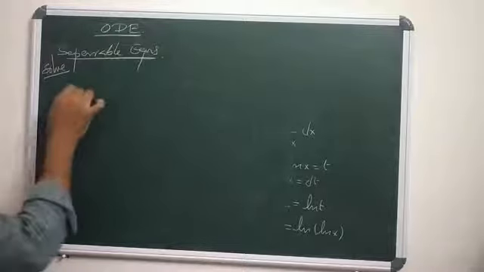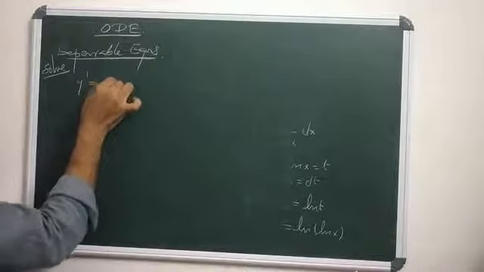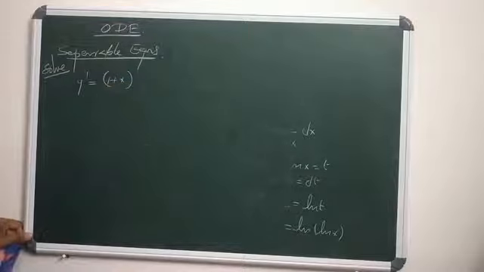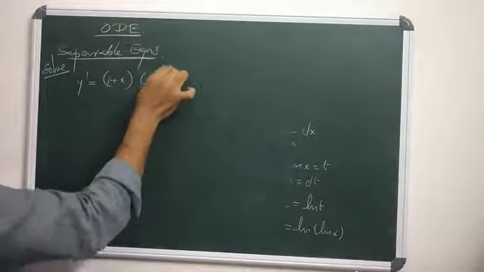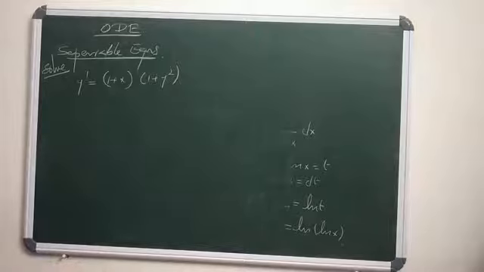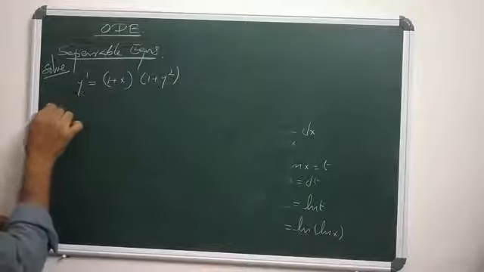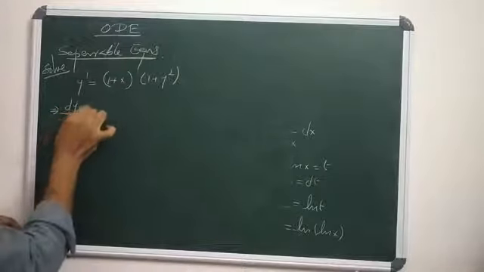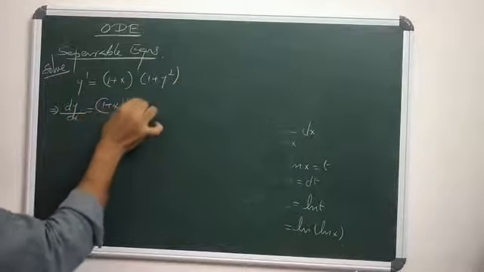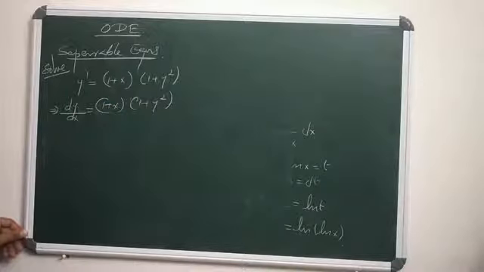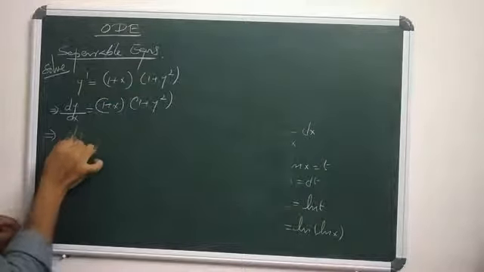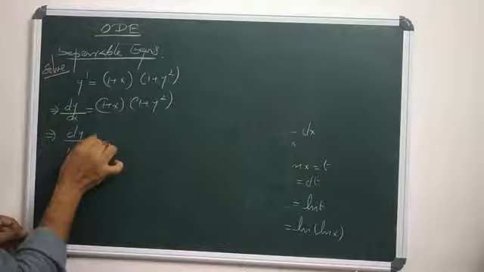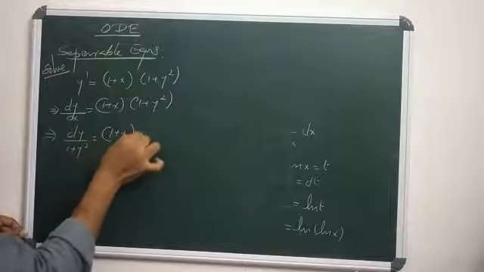Solve y dash equals 1 plus x into 1 plus y square. This is a first order ordinary differential equation. How to solve this one? You can first convert it into the variable separable form. That means dy by dx equals 1 plus x into 1 plus y square, so dy by 1 plus y square equals 1 plus x into dx.